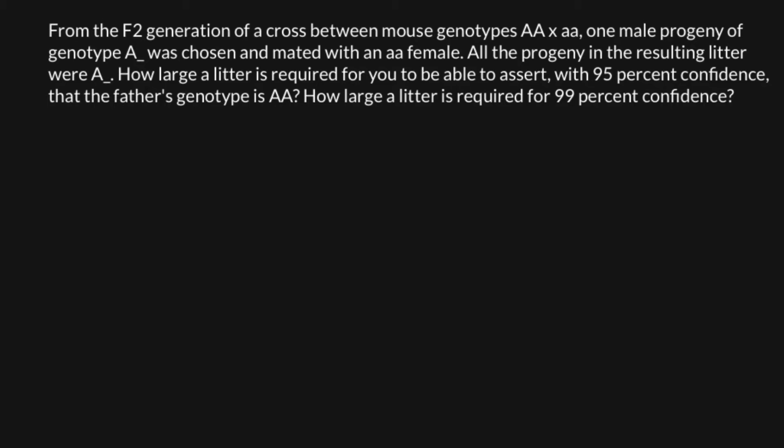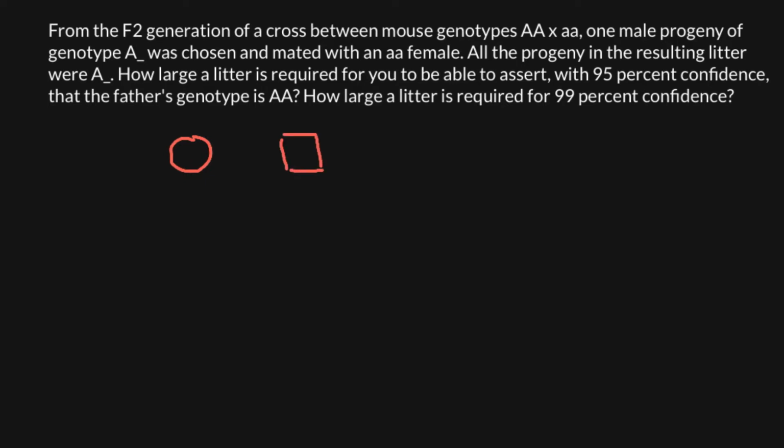So first of all, let's draw a pedigree according to this problem. We have in the parental generation one female, one male.